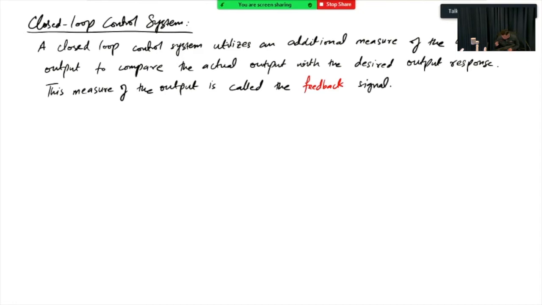Okay, so let's see how the schematic looks like. So basically you will have a desired output response, and that is fed to the controller.